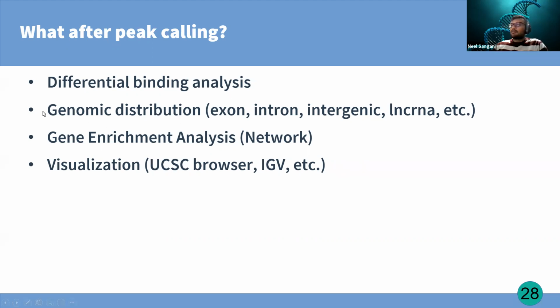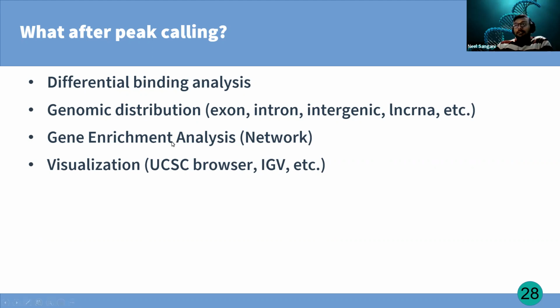And we can further look into the genomic distribution, like what regions these binding sites are located in, whether that is an exon, intron, intergenic region, or lncRNA, excuse me.